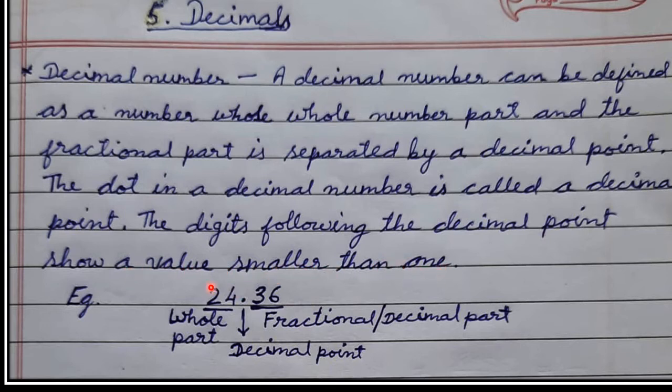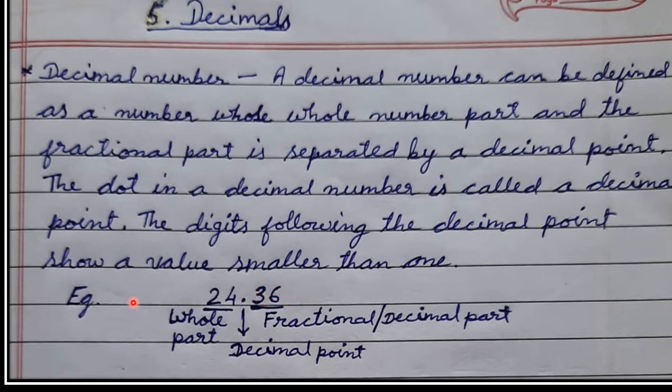That means the digits which are after the decimal point, for example in this case the digits 3 and 6, are after the decimal point, so their value will always be less than 1.